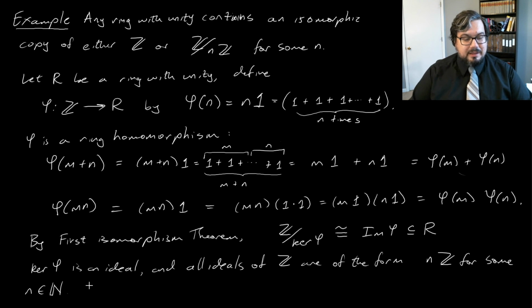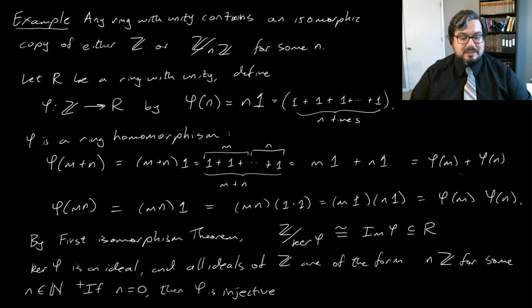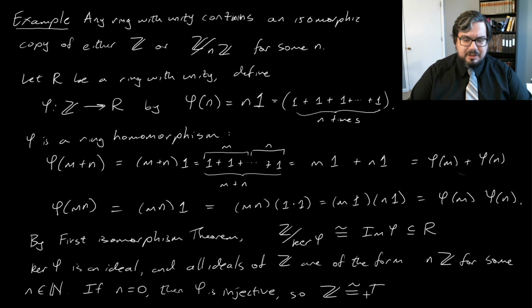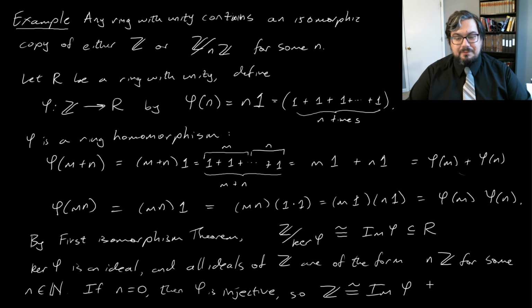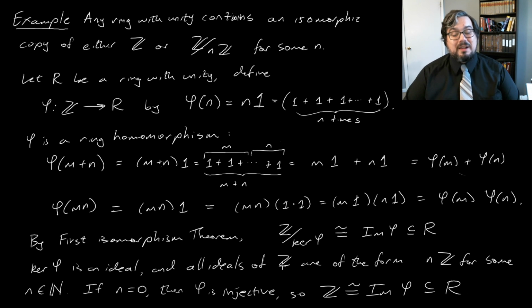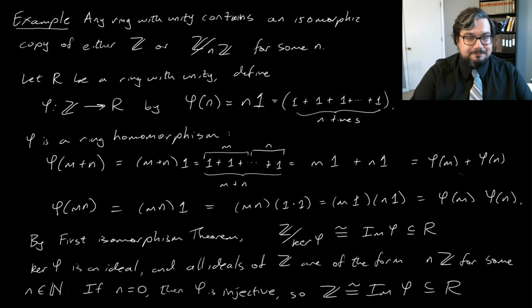So if n is equal to 0, then phi is already injective, because in that case the kernel would be just the 0 ideal. So in that case, Z is isomorphic to the image of phi, and the ring contains an isomorphic copy of the integers.